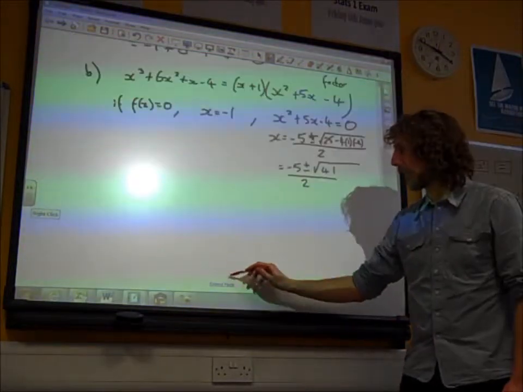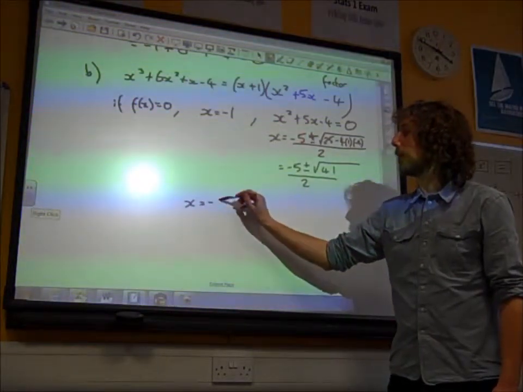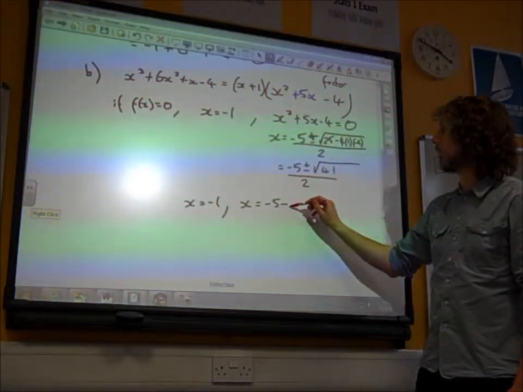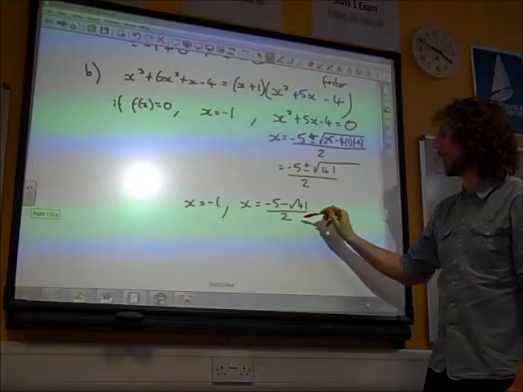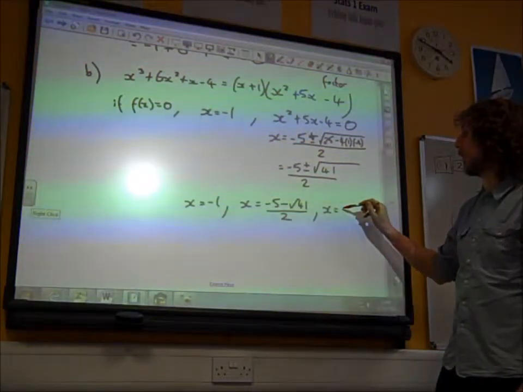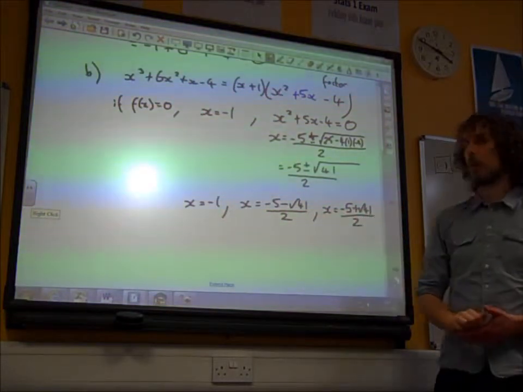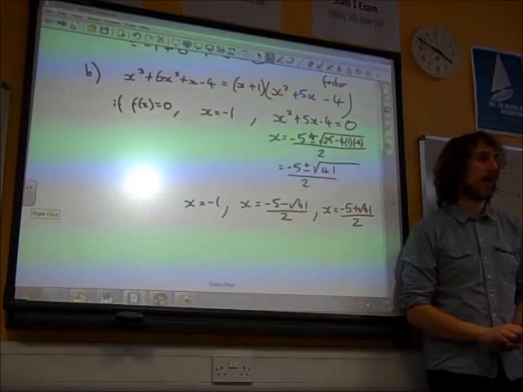And so the exact roots are x equals minus 1, x equals minus 5 minus root 41, all divided by 2, x equals minus 5 plus root 41, divided by 2, and there we go.